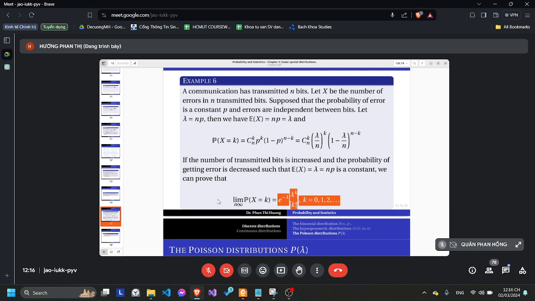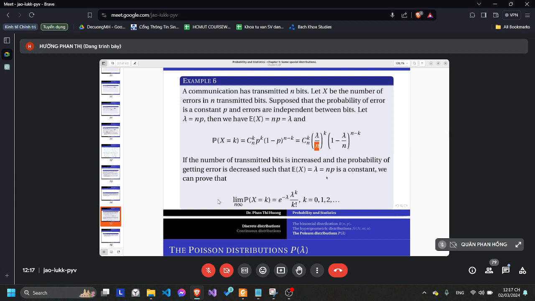It means that when we consider the limit of the binomial distribution, the binomial distribution will converge to the Poisson distribution when n is large enough and p is small enough.